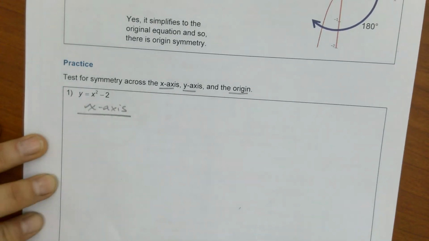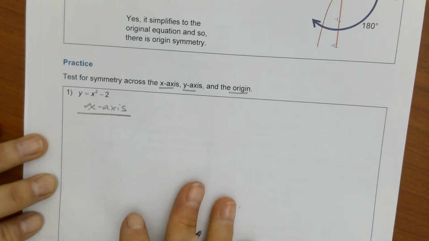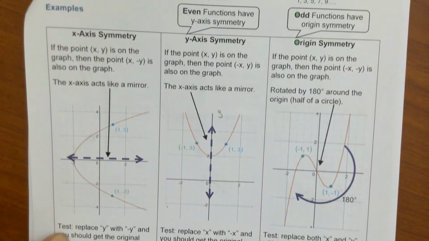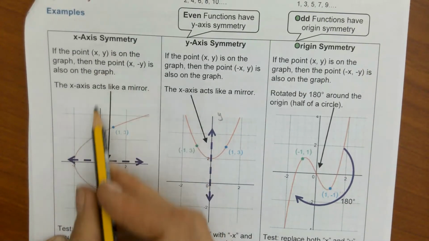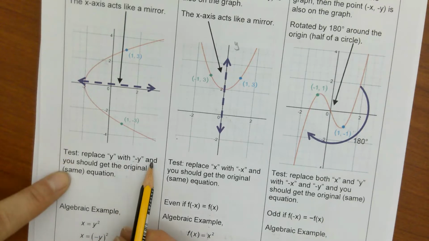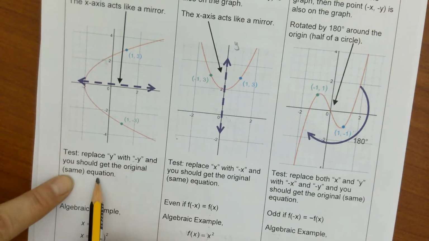So in order to test to see if it has x-axis symmetry, if I look on page 5, sorry for moving it so much, page 5. If I want to test something for x-axis symmetry, it says replace y with negative y, and you should get the original equation.